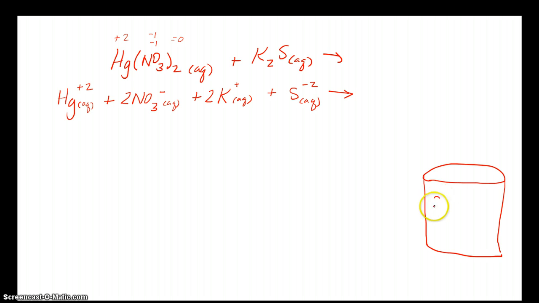We have 1 mercury in here, so I'll just write Hg with a +2. And it looks like I have 2 nitrates, so that's NO3. Each of those has a -1 charge.